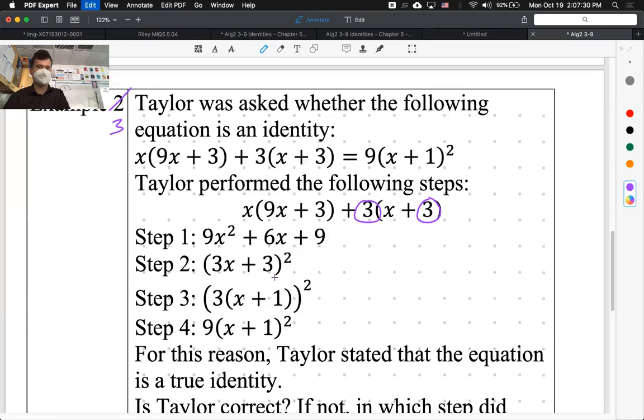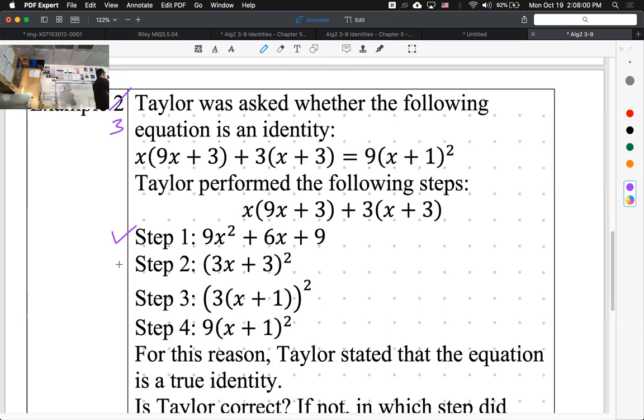Yeah. There it is. You guys want to give Taylor thumbs up, thumbs down on step 1? I'll give Taylor the thumbs up. Good job, Taylor. You're good so far. So a simple way of saying what Taylor did to get to step 1, Taylor distributed and combined like terms. He or she distributed the x into the 9x plus 3, distributed the 3 into the x plus 3, combined like terms to get the 6x.